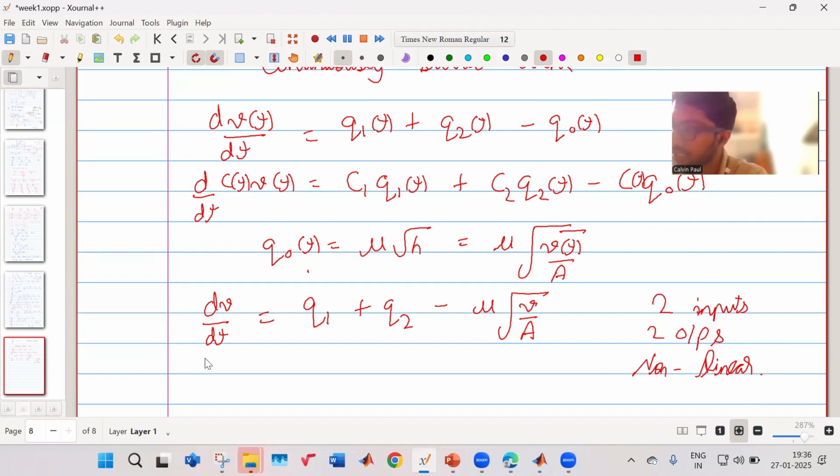What we do is we consider some perturbations, some changes. We replace V by some DC value, or the steady state value, plus some delta V. Q1 I represent by the steady state value plus a delta Q1.